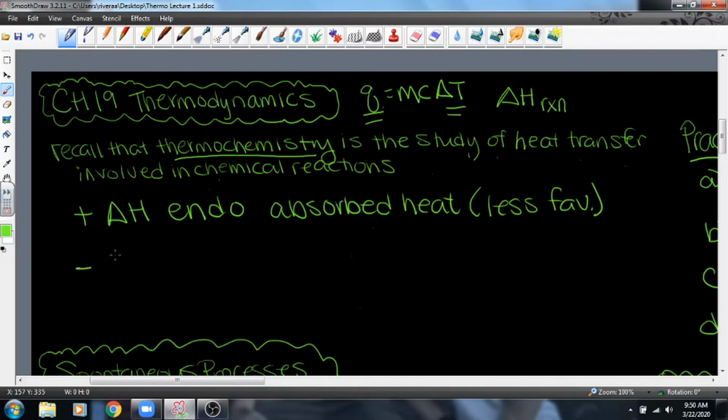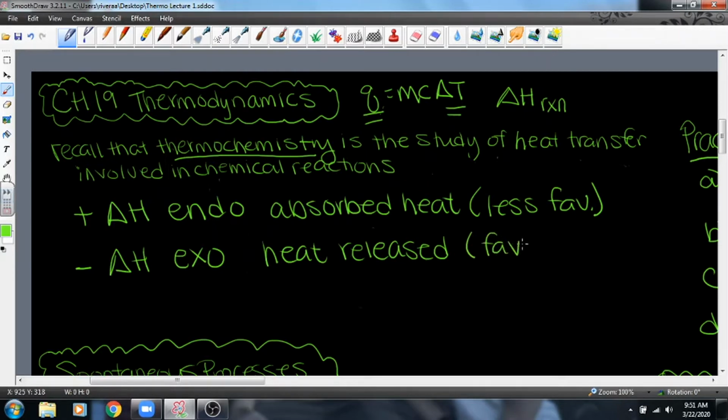And if we have a negative delta H, we would call that an exothermic reaction, where heat was released. And this would be considered favorable. Now, we've seen lots of reactions that happen spontaneously that were exothermic, but we've also seen lots of reactions that happen spontaneously that are endothermic.